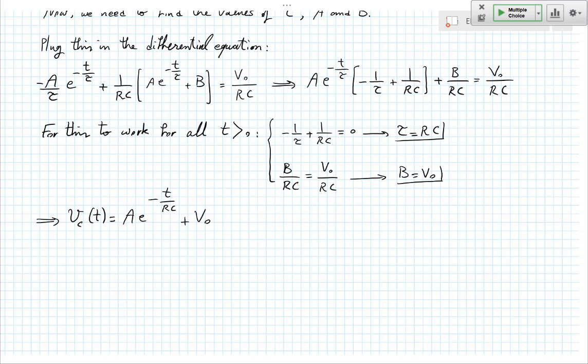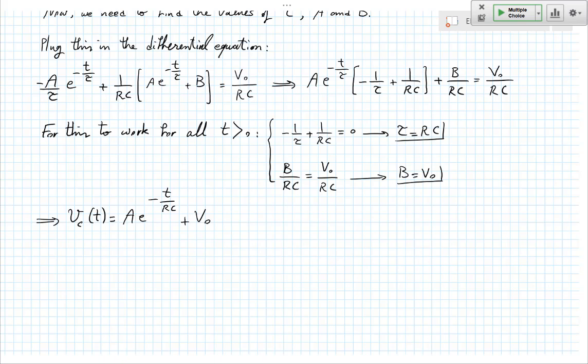Where do I get that? Any suggestions? From the initial value. And I think this is the kind of thing you see in your differential equations course. When you solve a differential equation, you might have to deal with an initial value or a boundary value. So in this case, what is my initial condition? For all times t greater than 0, what was the initial point? It's t equals 0 plus.